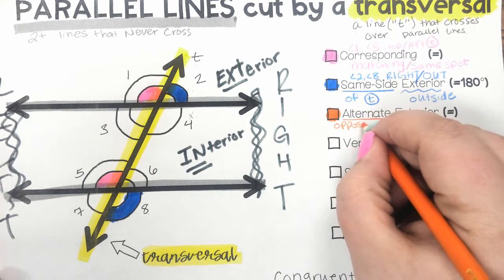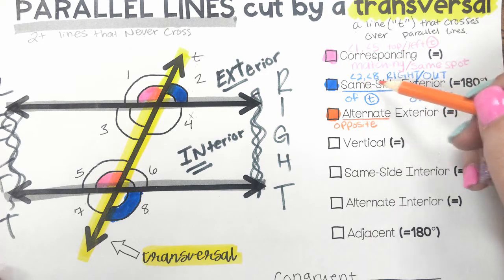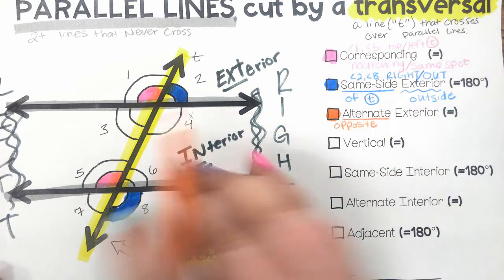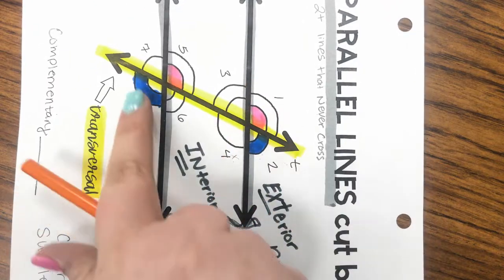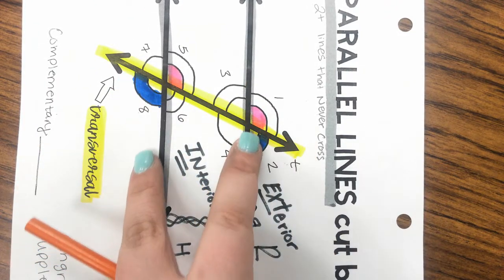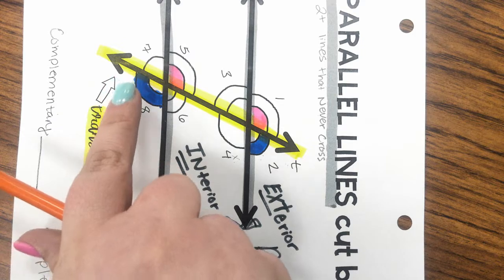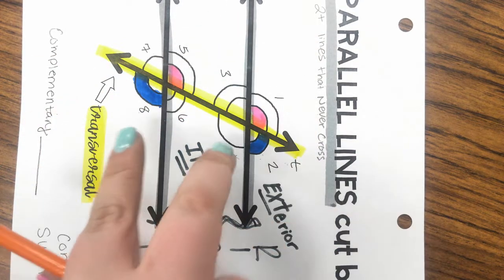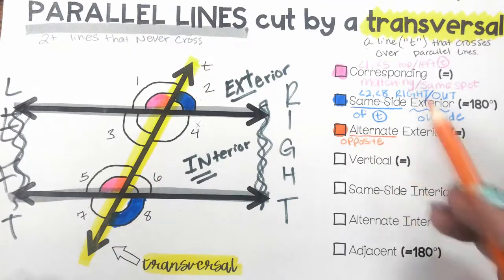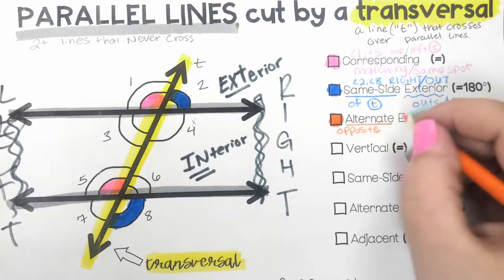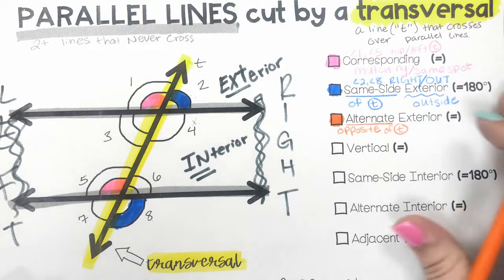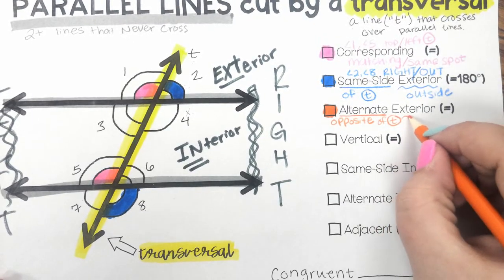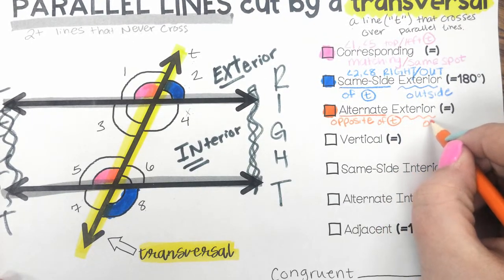And again, when we talked about same side, we said same side in relation to the transversal, so either left or right of the transversal. Or if this diagram was flipped and the transversal was this way and our parallel lines went straight up and down, then it would be top and bottom for your transversal sides, right? Okay, so we need the opposite side of T. When I say alternate, it just means opposite. Okay, and exterior means outside still.